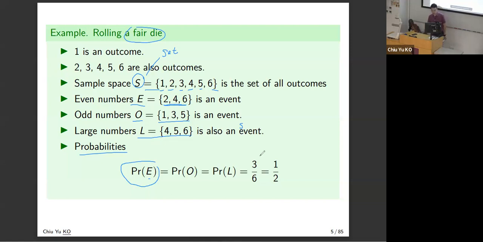So it's 3 over 6, that gives you one half. Same for the odd number: 3 million of 1, 3, 5, and 3 million of 4, 5, 6. That would be the idea. Do you know that this probability comes from repeating our experiment? You can do it at home if you want to try, but that is the meaning of probability.